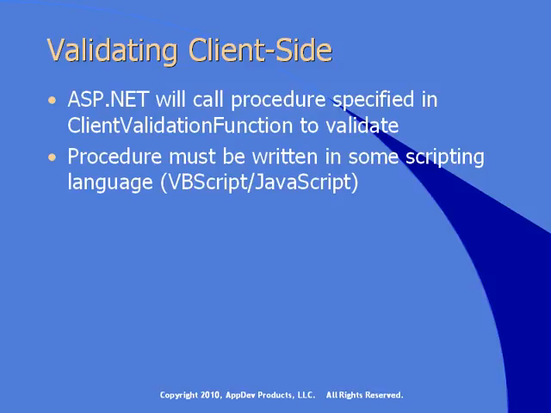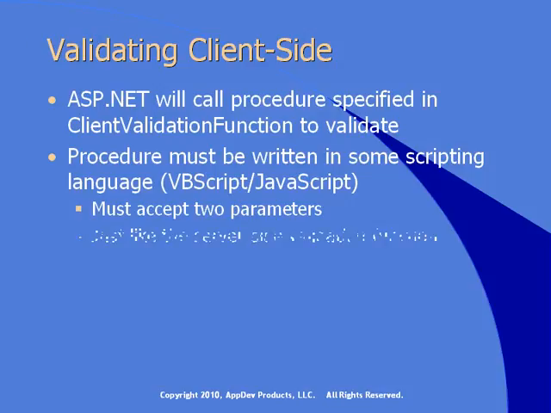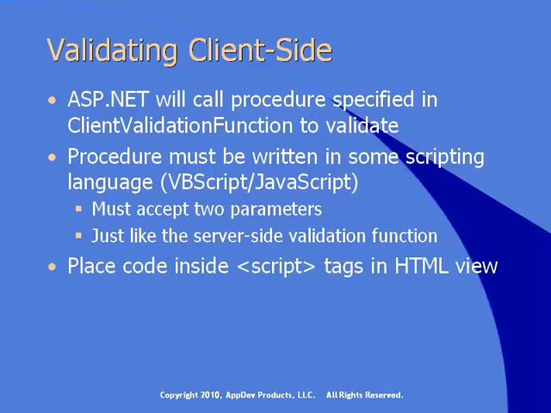It could be VBScript, but don't, or JavaScript. It has to accept two parameters, just like the server-side validation function. The first is the object that raised the event, and the second is the object that contains the isValid and value properties. You'll place your code inside the script tags in HTML view.